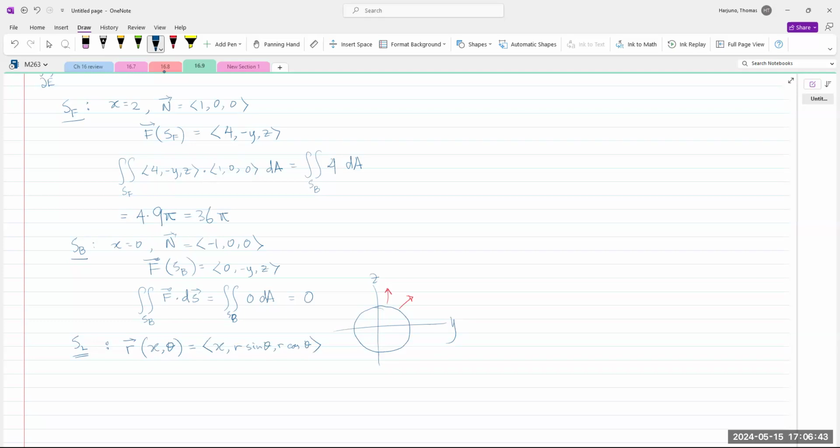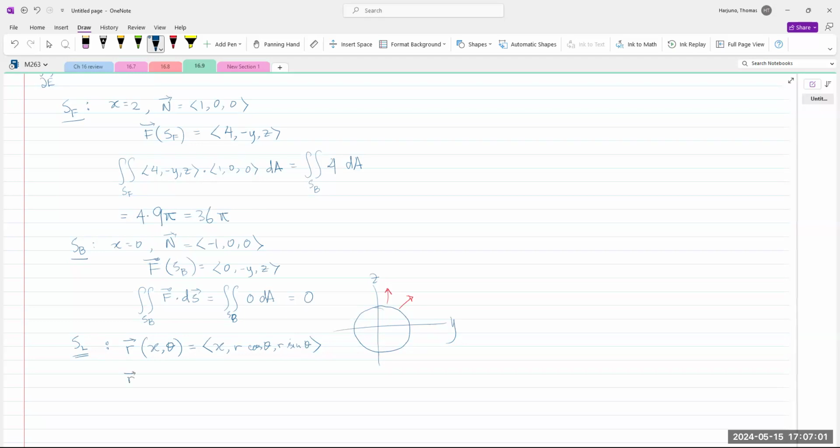I think, from the way it is being done, we better use cosine here and sine here, just to make sure that the normal will be facing out later on.